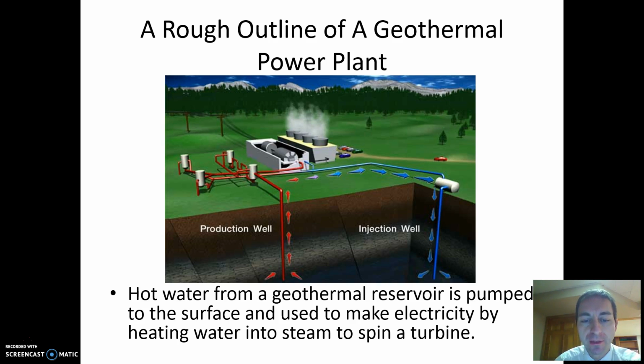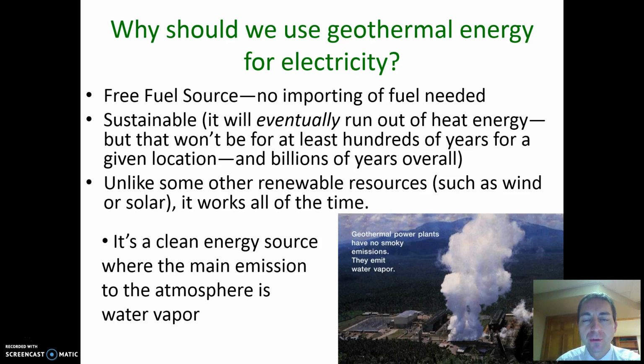That heated water is then used to produce steam, run a turbine, and make electricity. Some of the water is put into steam, but some of it is recondensed and injected back down into the ground to replenish the water that you're extracting out.